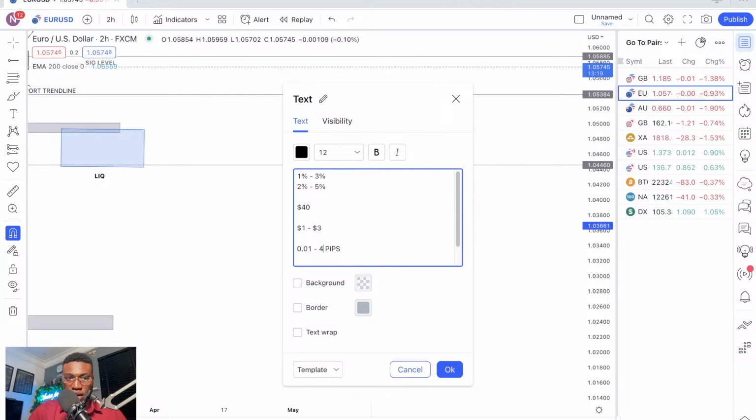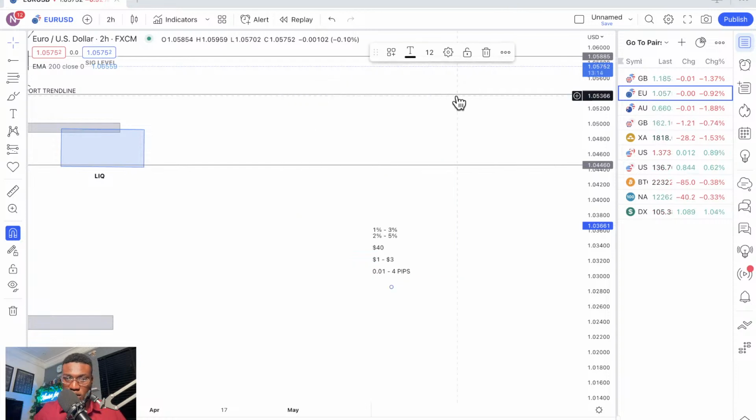And the market moves wildly up and down. It's a volatile market, has a lot of liquidity. So there are chances that the market can move 4 pips against you before it moves 100 pips in your favor, right?